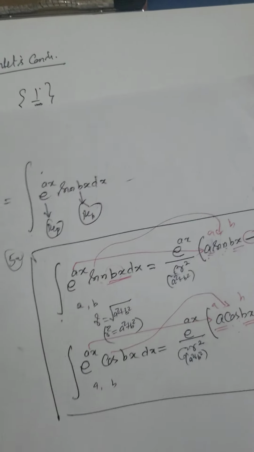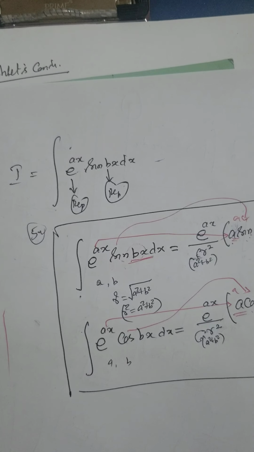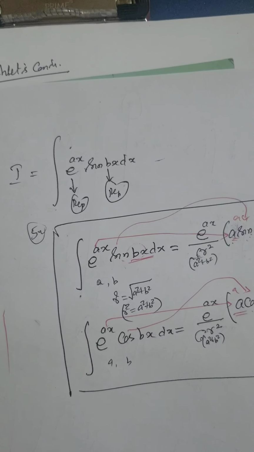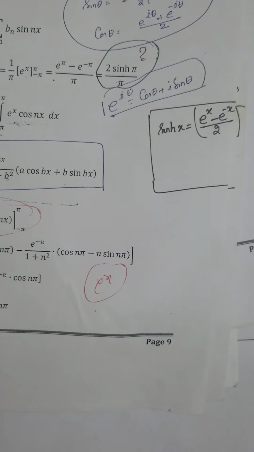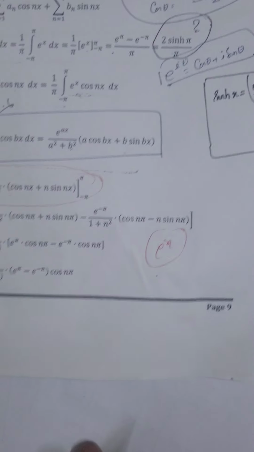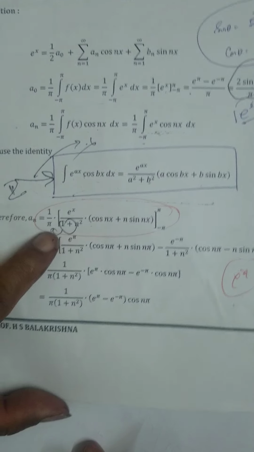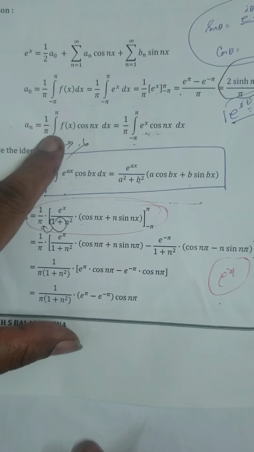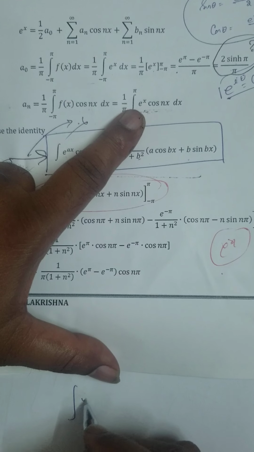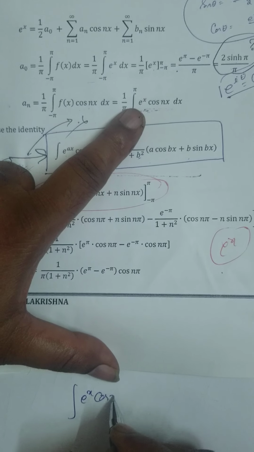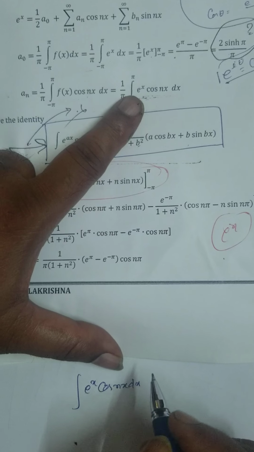How to do this sum? See, I will take the same example in the textbook or the notes. Another part where you will be stuck is this particular part. Integration of e to the power of x cos nx dx.